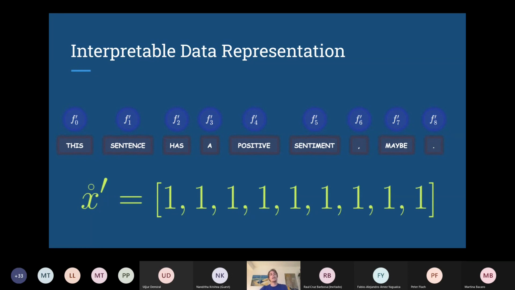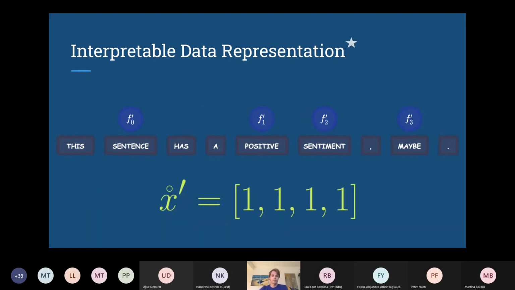So here we assign one interpretable feature, f prime, to each token in our sentence, and we indicate all of this in our interpretable data representation as a binary vector. 1 in the interpretable binary representation means that this particular token or word in this case is present, and 0 is absent.